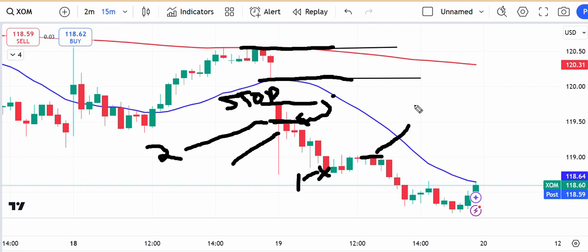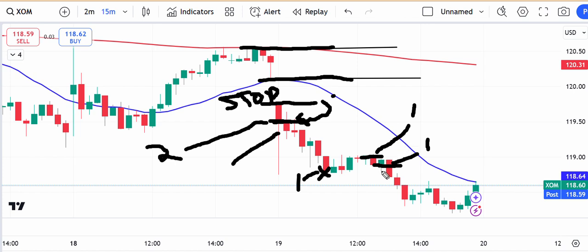Bam. You're in for another one. Let's say you didn't get in that one. You could have waited for this one too, if you wanted to, because you're close to the 20. When that green gets eliminated by this red, you could have been in here for another one. Either one of these add points is sufficient.